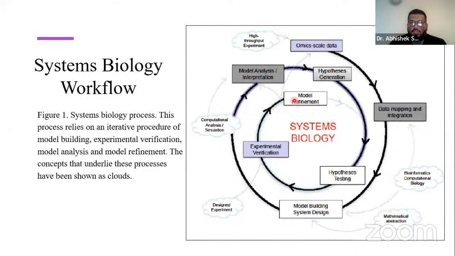So a modeler, a systems biologist and an experimental biologist work hand in hand to come up with a model that represents the real world system accurately, right? So what is the basic aim of modeling? To make a replica, or to mimic the real world system, so that we can make various predictions and understand various complex problems through those models, right? So that is the basic workflow of a systems biology experiment.